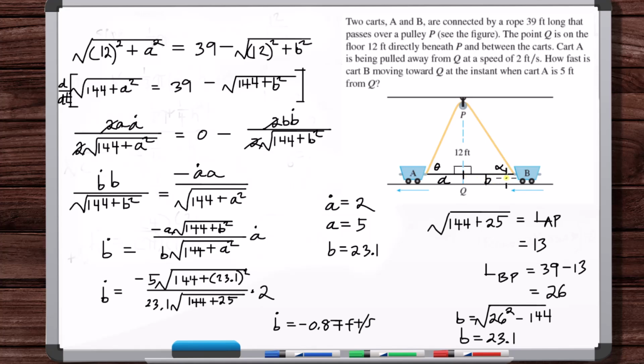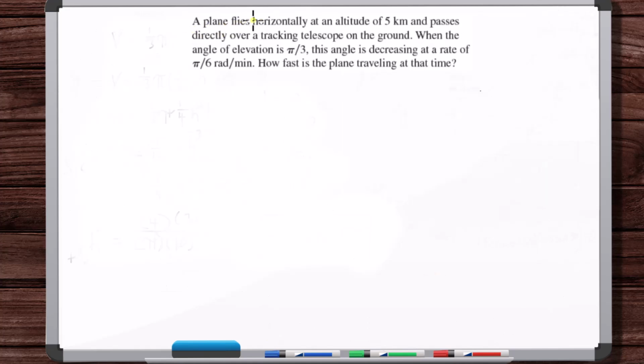So, I mean, you can say that's exactly what we expect. This is getting smaller. It's moving in this direction. So, I mean, you could take off the negative and just say the direction is to the left.